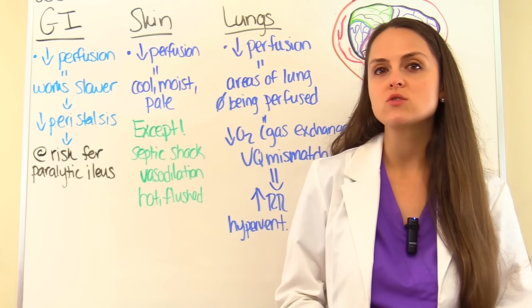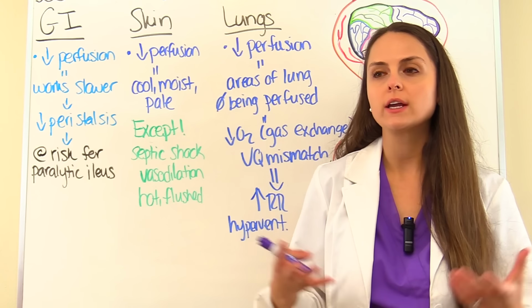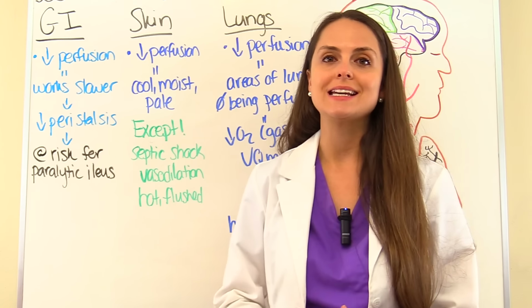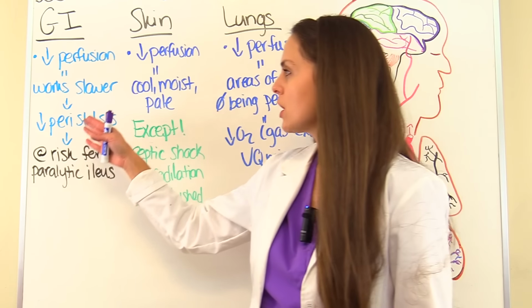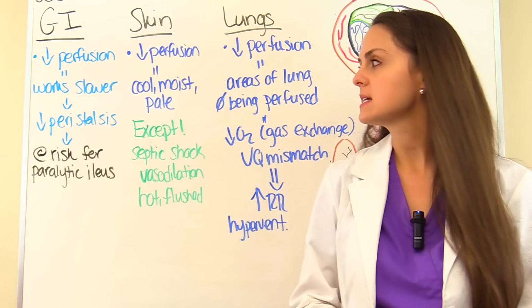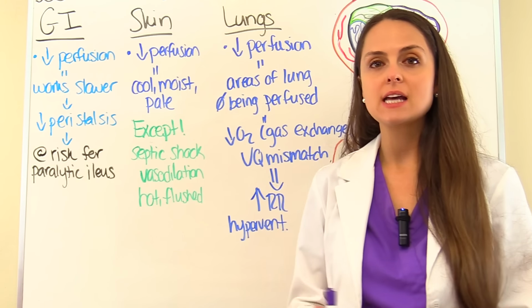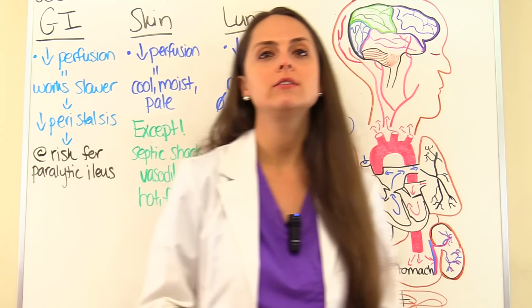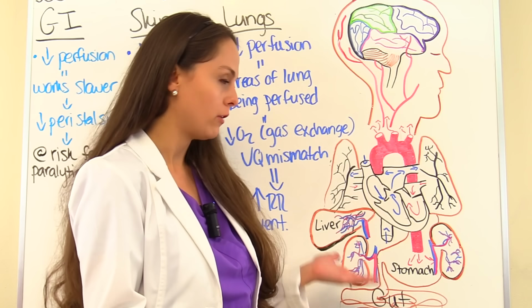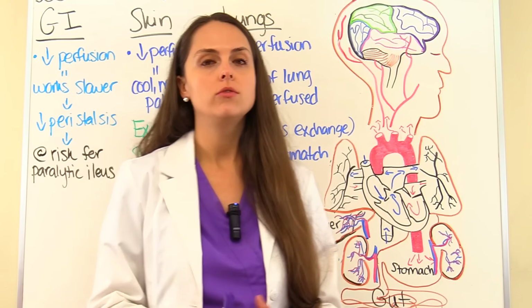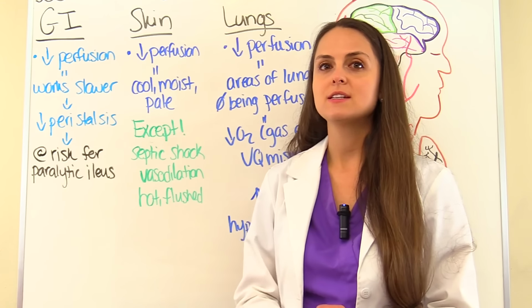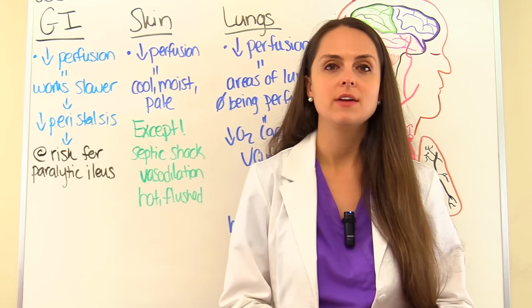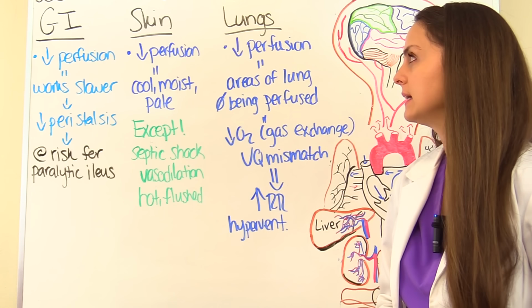And so it's not going to work as well as it should because those cells aren't getting the oxygen and the nutrients they need. So it's going to work slower. You're going to have decreased peristalsis. And during this time, the patient is at risk for a paralytic ileus, where literally the bowel is just frozen and it's not working. So listen to those bowel sounds. Are they absent or severely hypoactive? That can represent a paralytic ileus.